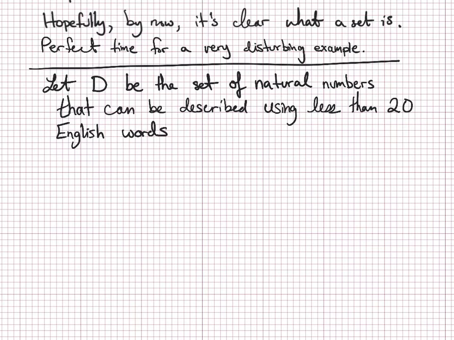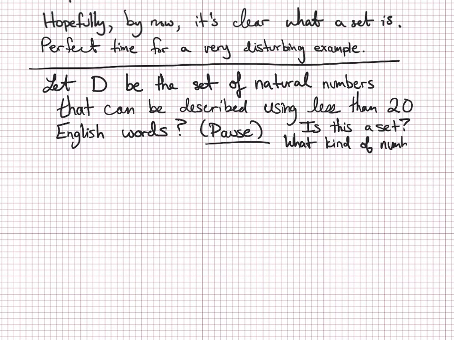Okay, so what I would like you to do is pause and think about: is this a set? And what kind of numbers are in here? So when you pause the video, think of examples of the numbers that are in here. What kind of numbers are in D?